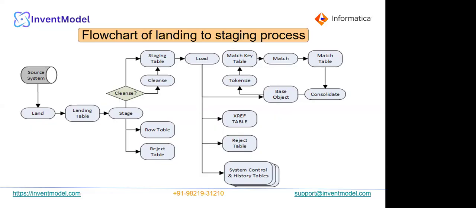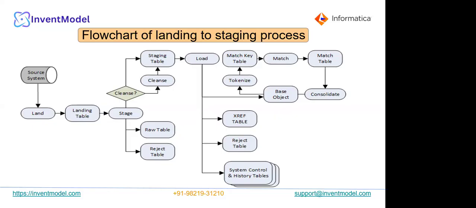After the staging table, we do a cleansing function. Cleansing function means that if there is any fault in the data, we erase the unwanted data in our data set. We will explain this in our next slides.